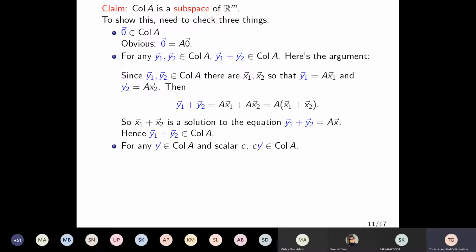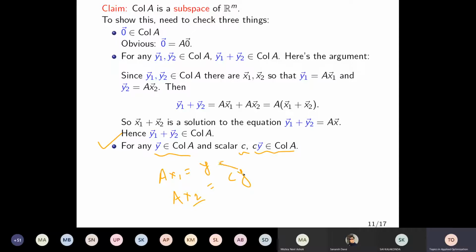Now the third one is for any y in the column space of A and a scalar c, c times y is also in the column space. So y is in the column space, then we know that there exists x1 such that A times x1 is y. Now we have to verify that there exists some x2 such that A times x2 becomes cy.